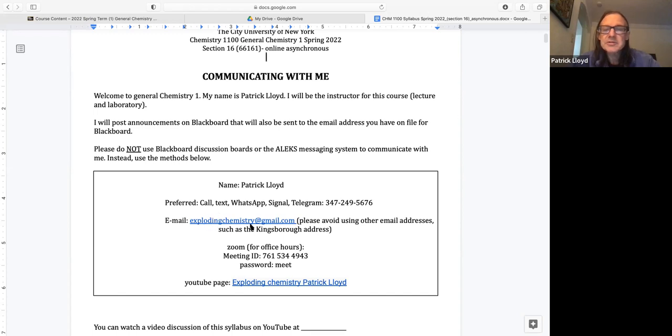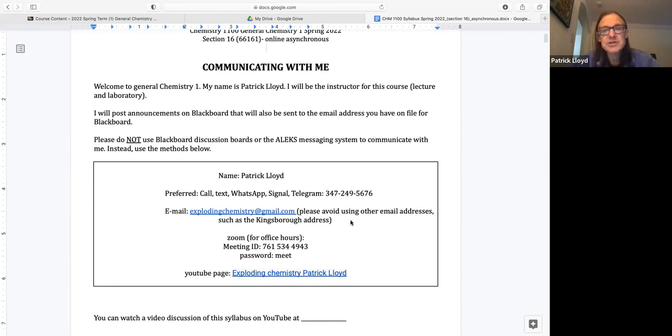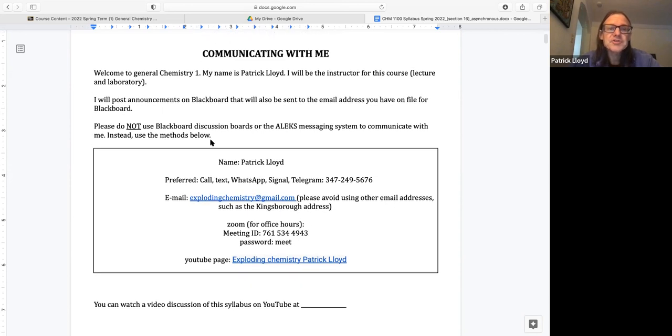If you want to send me an email, use this email address right here, explodingchemistry@gmail.com. Please avoid using, for example, the Kingsborough address. I don't check them very often. I do not use the Blackboard discussion board or any of the messaging systems that are in the software. So try to use one of these or this email address.